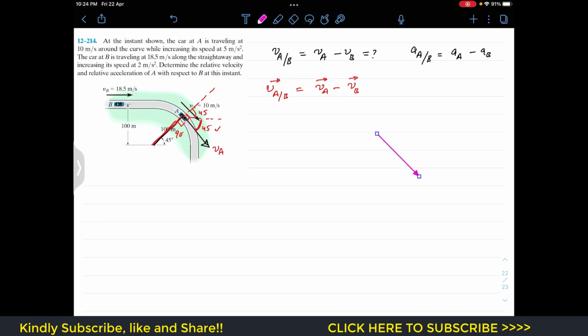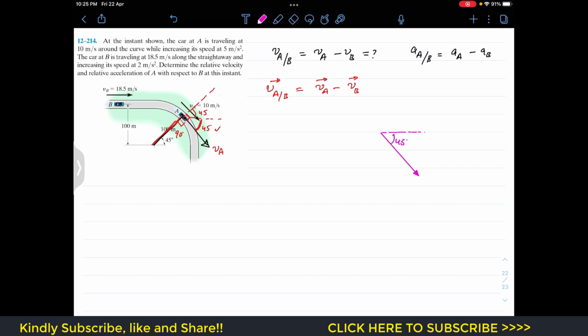So let's say this is our VA vector, and it is making that 45 degrees here. And similarly VB, so VB is acting from left to right. So if we want to subtract this VB from VA, since this is VA minus VB, we have to reverse the direction of VB.